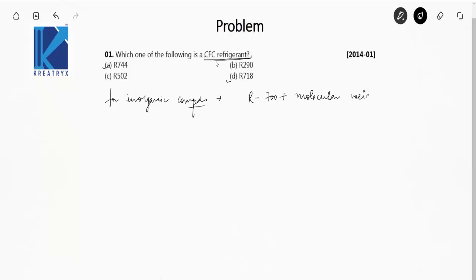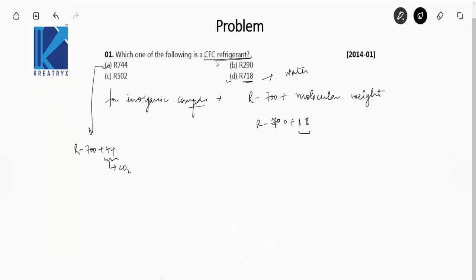So the R700 series is for inorganic compounds. If you check option D, this is R700 plus 18, and 18 is the molecular weight of water. So option D is water. And what about option A? Option A is R700 plus 44, and 44 is the molecular weight of CO2.